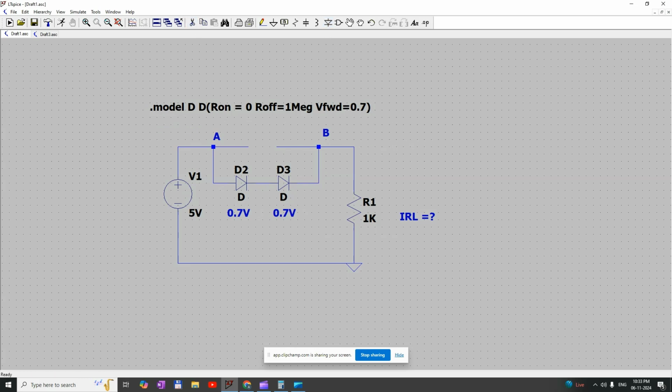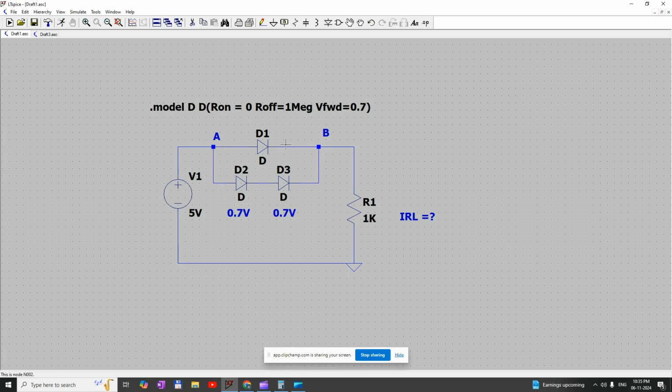And now if I connect diode D1, we know that when two diodes are in parallel connection, the diode which has the lower cut-in voltage will conduct first. So now the diode D1 will start to conduct once the input voltage increases from 0 to 0.7 volt.